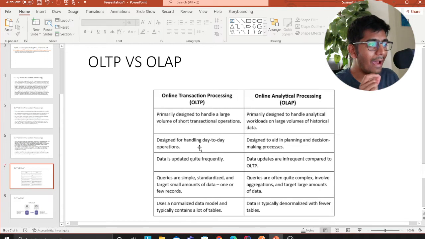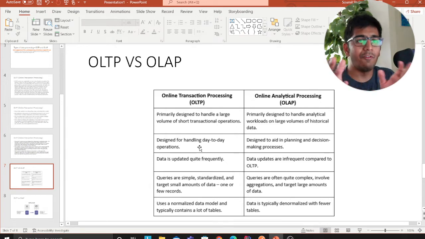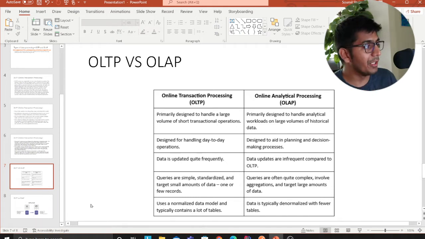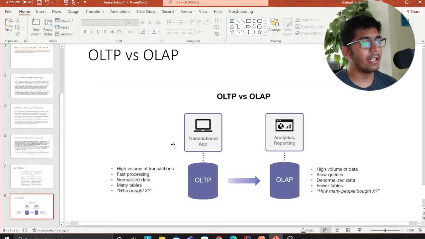In OLAP, queries are often complex, involve aggregations, and target a large amount of data. OLTP uses a normalized data model and typically contains a lot of tables. You have a lot of tables, you do a join here and there, and so on. In OLAP, data is typically denormalized with fewer tables. Very important point, okay?